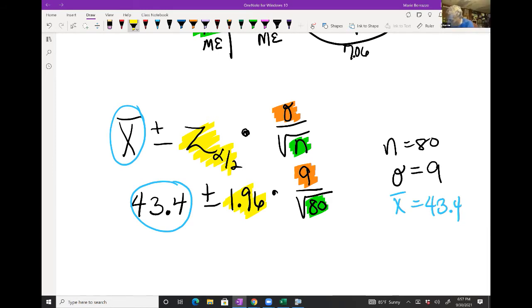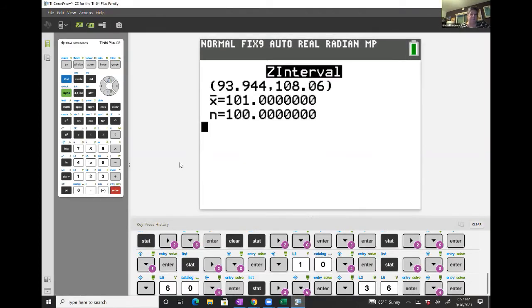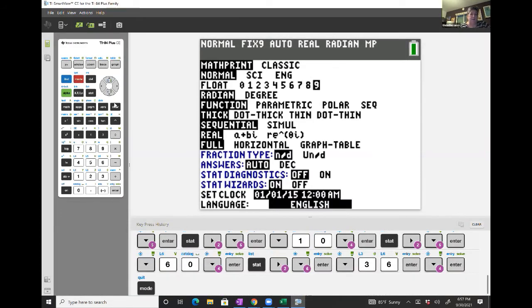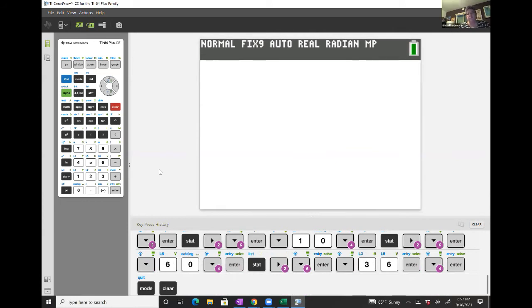I'm even going to do this with a regular calculator for you. Take a look up on the screen. I'm using just the calculator portion, a nice blank, clean screen. I don't have the plus minus symbol, so I have to do the plus and minus separately.